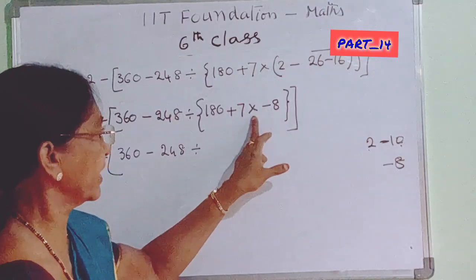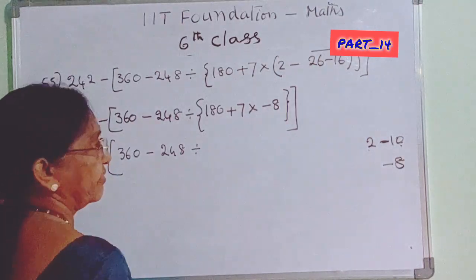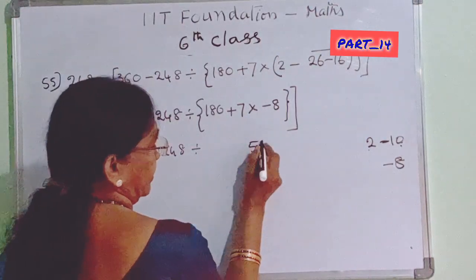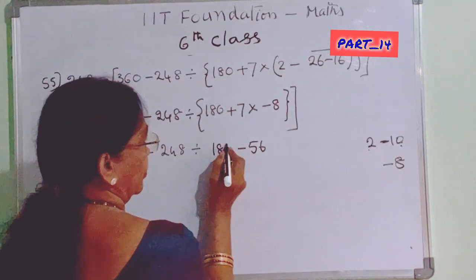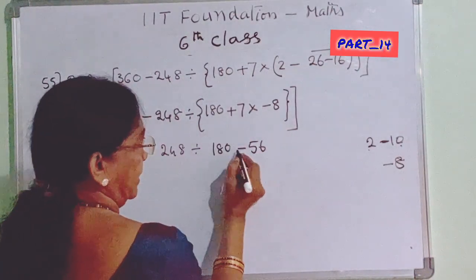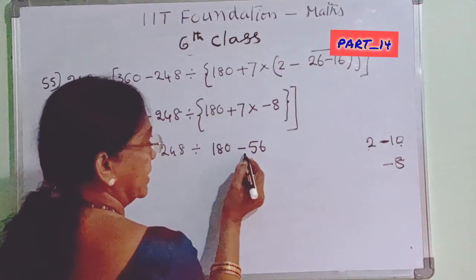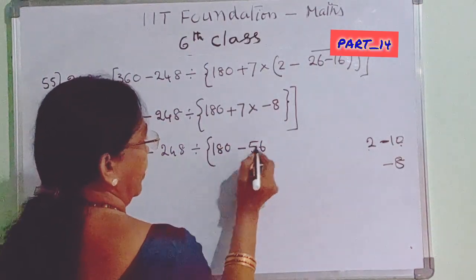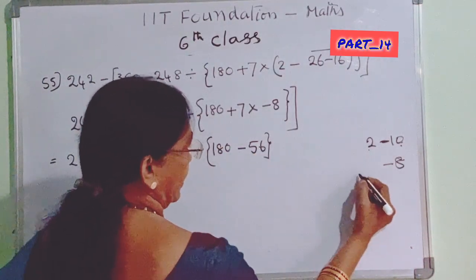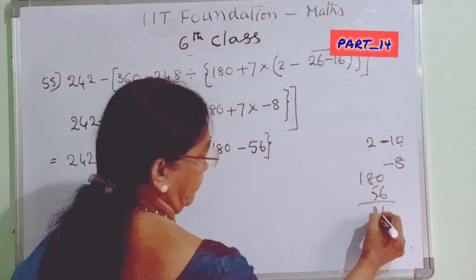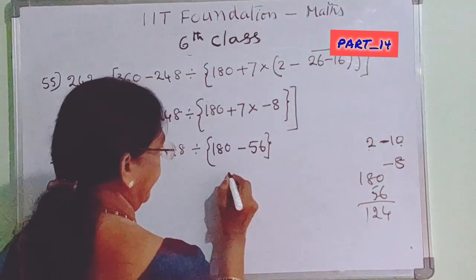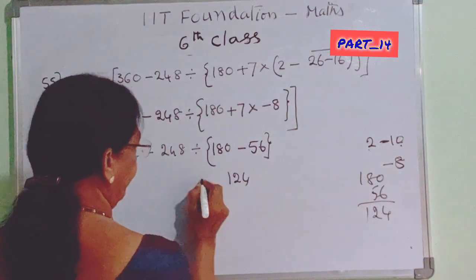Here there is 7 into 8, 56, but with a negative sign, and 180. So 180 plus minus 56, plus of minus is minus. Therefore, 180 minus 56 is 124. This is 124.